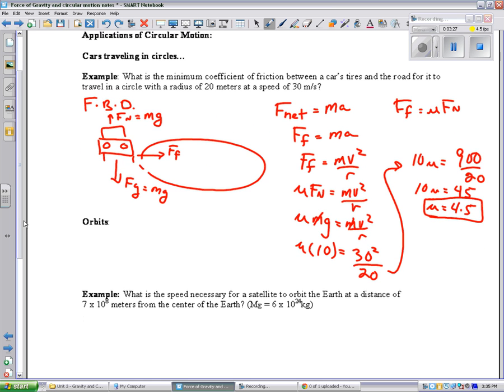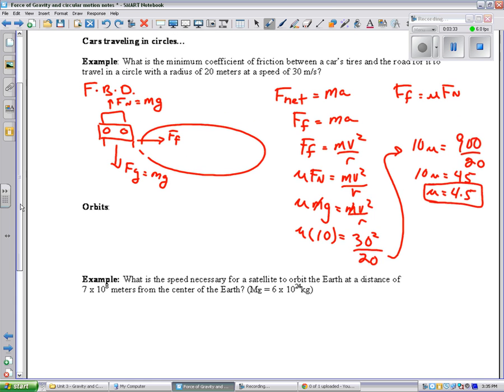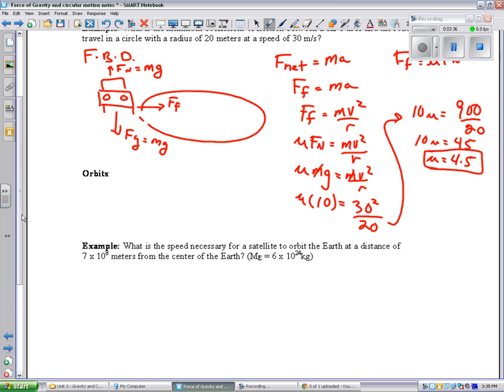The force pointing toward the center of the circle is Ff, so when you do F-net equals ma, the F-net is Ff. For an orbit, if I was to think of the Earth traveling around the sun, for instance, the free body diagram is actually very simple. The only force on it is the force of gravity.